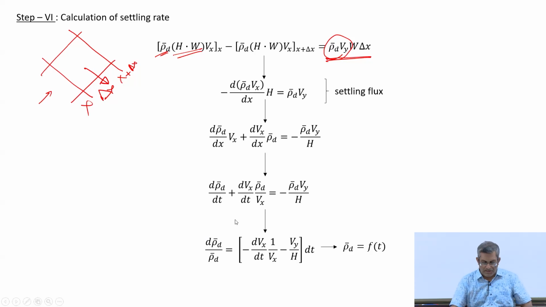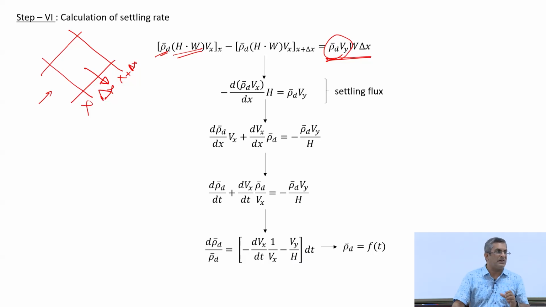Why? Because from here we could show that the left hand side is a function of bulk density, while the right hand side is a function of Vx and Vy, both of which are functions of time. So, if we integrate this, we will get bulk density as a function of time.